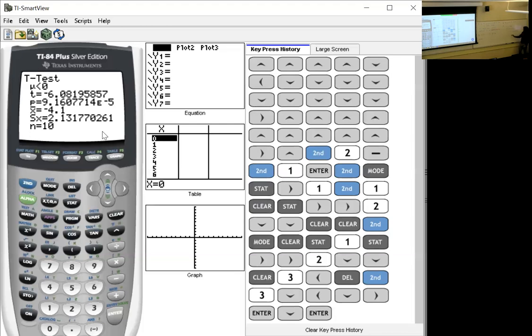X bar. What is X bar? Yes. What is it called? Sample mean. It is the average difference that we get from the sample. What is S? It is the standard deviation. Is the standard deviation the same as standard error?